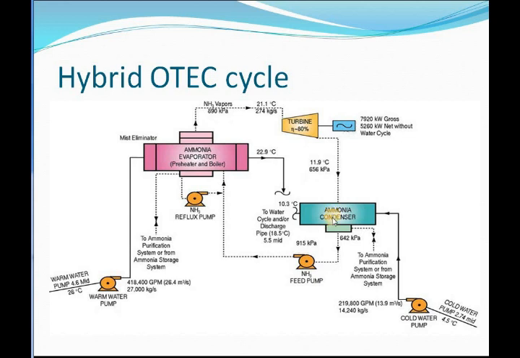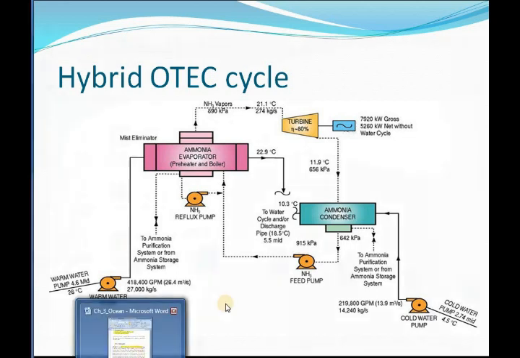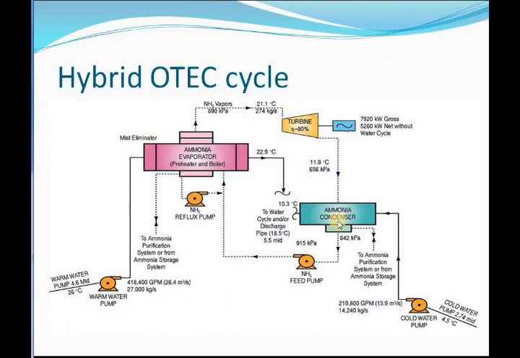What is happening in the condenser is the ammonia steam is getting condensed. Here in the ammonia condenser, the steam which we are getting back from the turbine goes to the ammonia condenser, where we are using the cold water which is pumped from the deep sea to condense the ammonia.